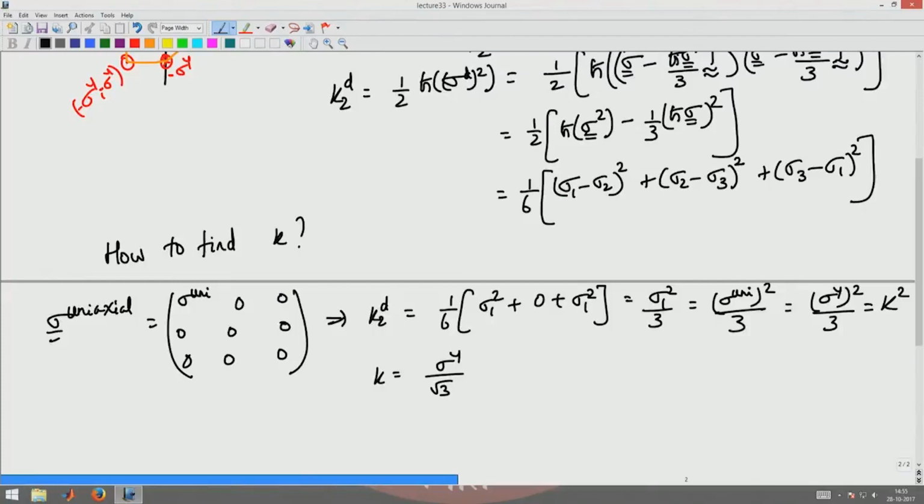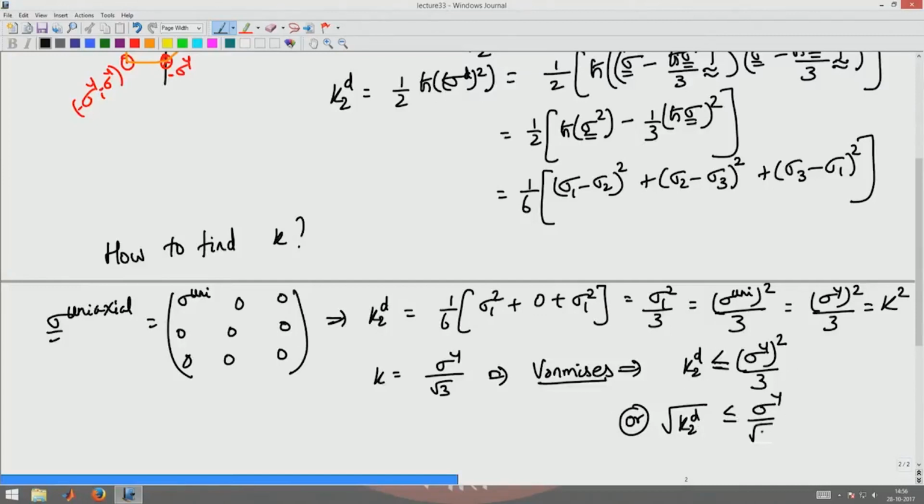So, the von Mises criterion reduces to k2d must be less than or equal to sigma y square by 3, or I can rewrite this as the square root of k2d must be less than or equal to sigma y by root 3.